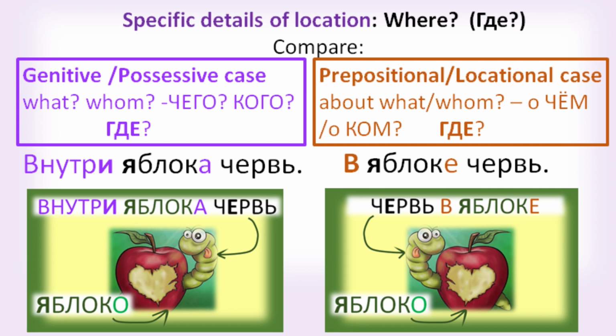Inside the apple is a worm. In the second column, где is used in reference to location but not so specific. В яблоке червь. There is a worm in the apple.